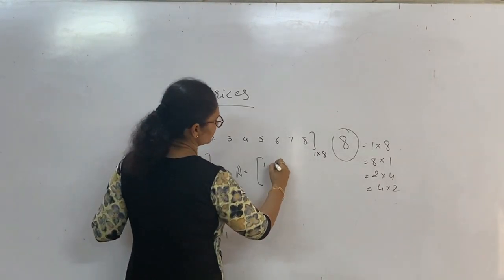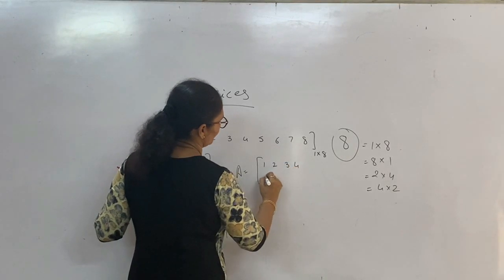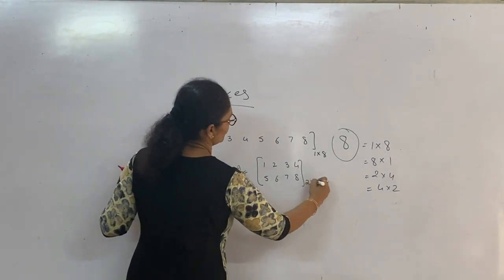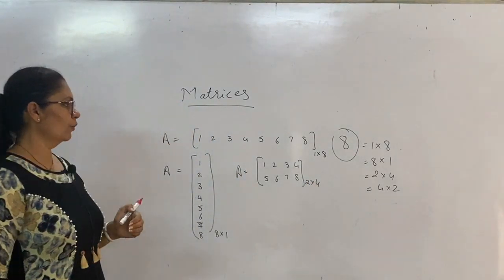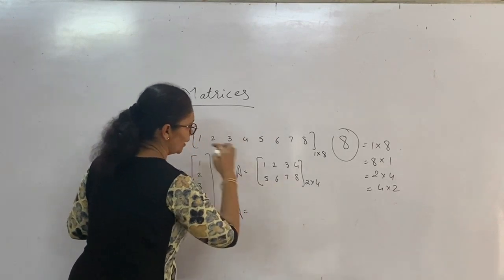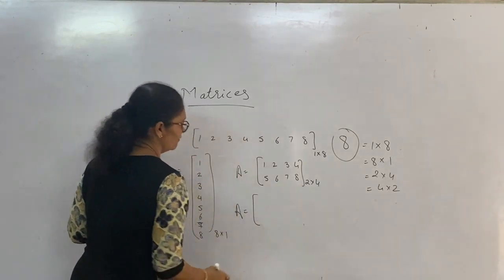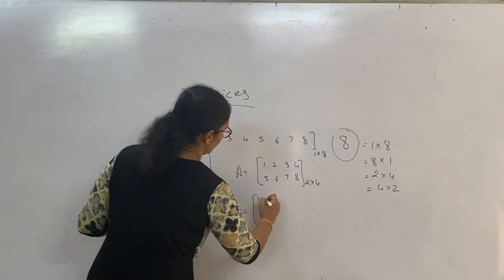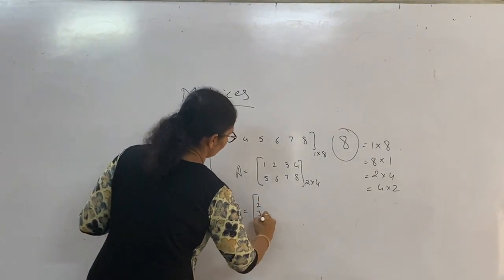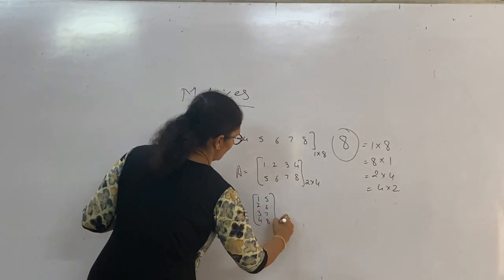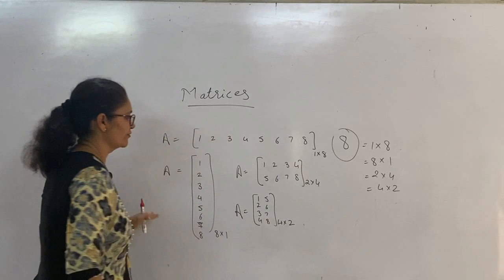So 1, 2, 3, 4, 5, 6, 7 and 8. So we can say 2 rows and 4 columns. Same way, last one, 4 by 2, means we can write 4 rows and 2 columns. 1, 2, 3, 4, 5, 6, 7 and 8. This is your 4 by 2 matrix.